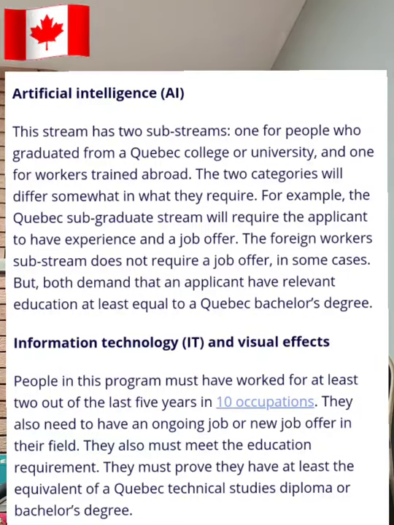So these are various streams with the help of which you can enter Canada. So just pick your stream wherever you are comfortable, wherever you think your job lies or you have more points, and then you can enter Canada. Express Entry and PNP are just some of the ways, but there are other ways I have already talked about.